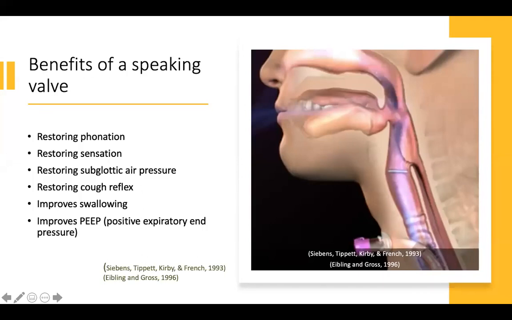When you put a trach in, you lose that mechanism and the pressure changes in that area, so PEEP is lost. Once you put the speaking valve back on, the airway circulation, mechanism and pressure are back, and you restore that PEEP, which improves the patient's ability to ventilate themselves through their upper airway. You will see, for example, if the patient's saturation is 95 and you put the speaking valve on and see their saturation jump to 99, it means their ventilation is improving.